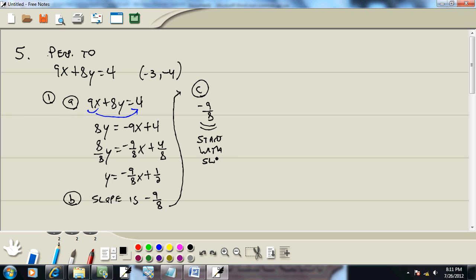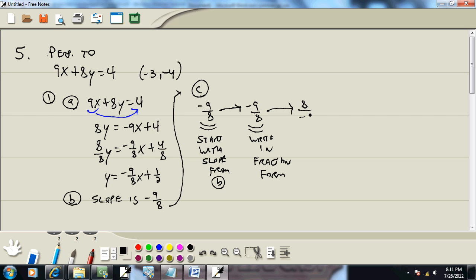So what that means is we start with the slope from b. We're going to write it in fraction form. Now, this one's already in fraction form, so we didn't have to do anything. But if we had 5, for example, you'd put 5 over 1. Then we'll flip it.